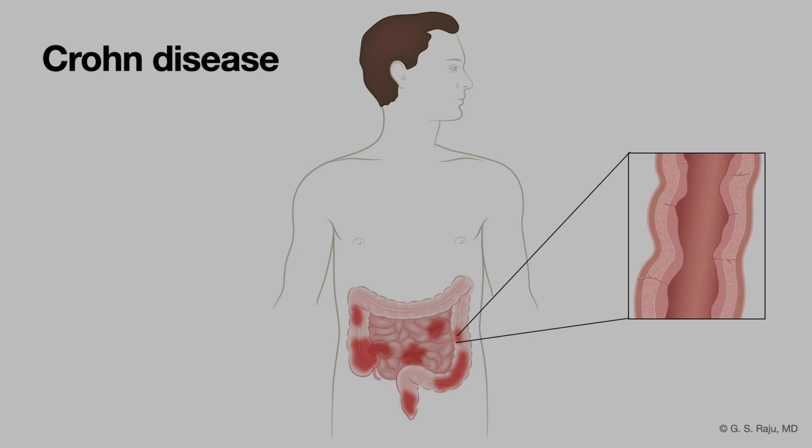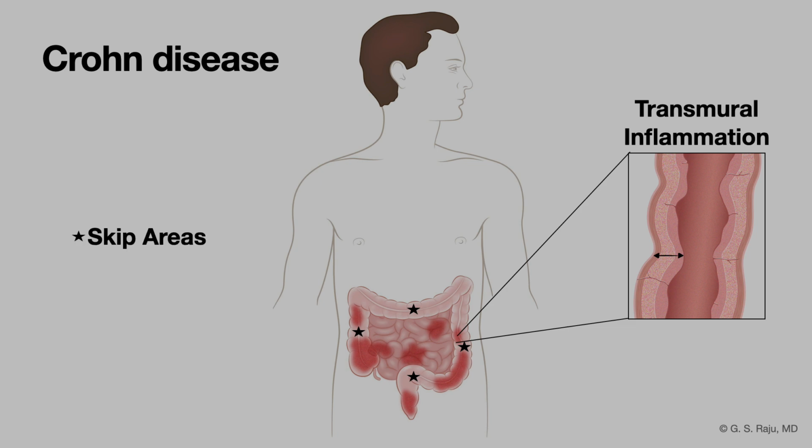Ulcerative colitis is a mucosal inflammation. In Crohn's colitis, it is transmural inflammation. And unlike ulcerative colitis, Crohn's colitis has areas that it skips, and then involves other segments. When you see skip areas, you have to think about Crohn's disease.